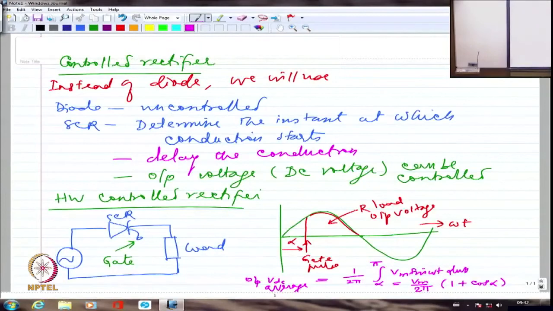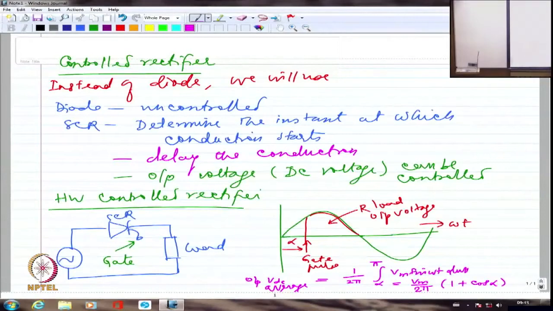Whereas if I had a diode, I would have gotten this integration from 0 to pi, because of which we got Vm by pi. Right? So Vm by pi is definitely higher than Vm by 2 pi multiplied by 1 plus cos alpha, provided alpha is greater than 0. So I'm going to have a variable voltage. This is what I was trying to get at, because repeatedly there were questions as to why we are having a thyristor at all, or why we should delay the firing.